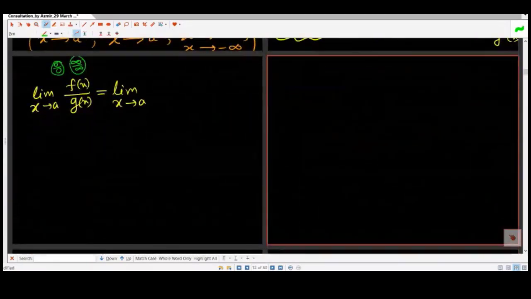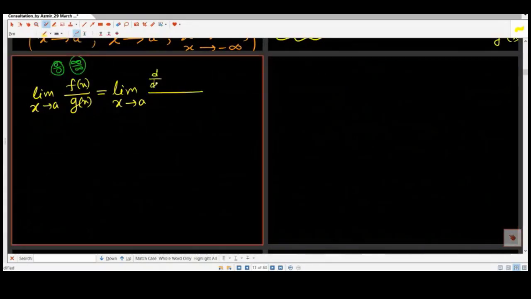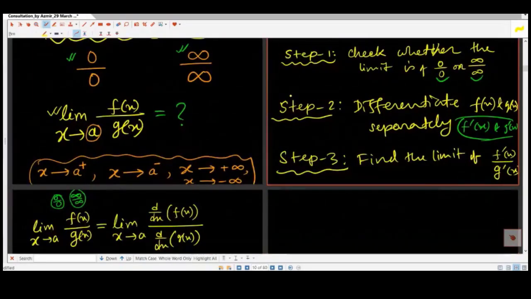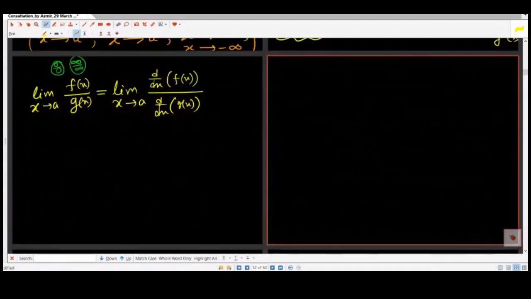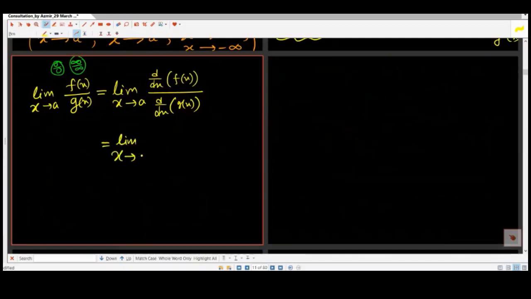Then in step 2, we have to find the derivatives of f of x and derivatives of g of x. That is, we are differentiating f of x and g of x separately at the same time. Step 2 is this one. That means we have limit x tends to a.